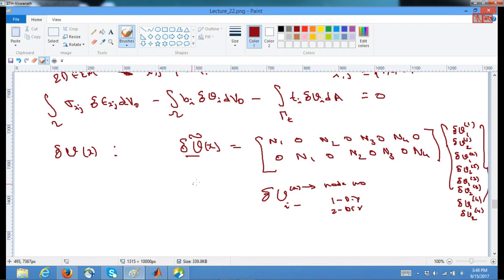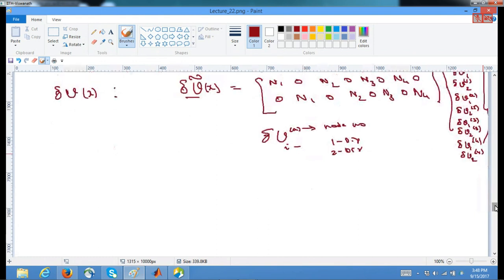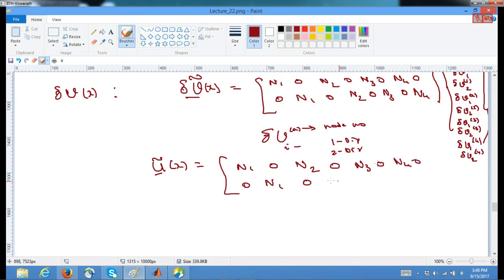So this is our virtual displacement, and our original displacement is also given as u bar. U tilde of x can be written in the same manner: n1 0, n2 0, n3 0, n4 0, 0 n1 0 n2 0 n3 0 n4.